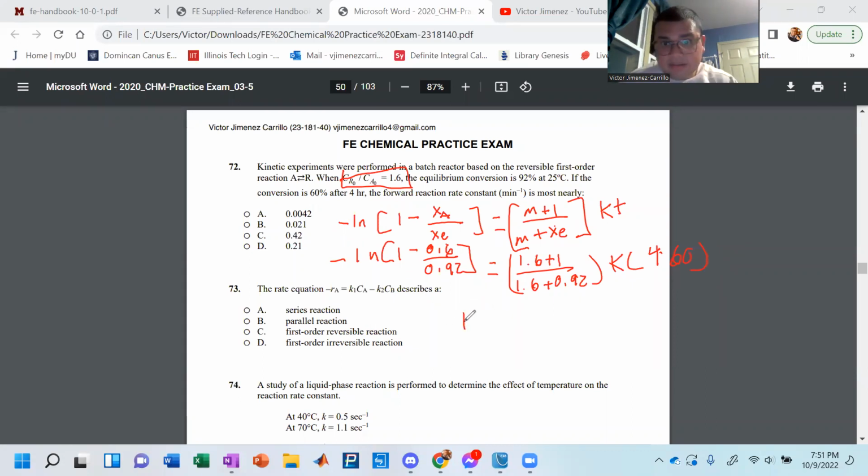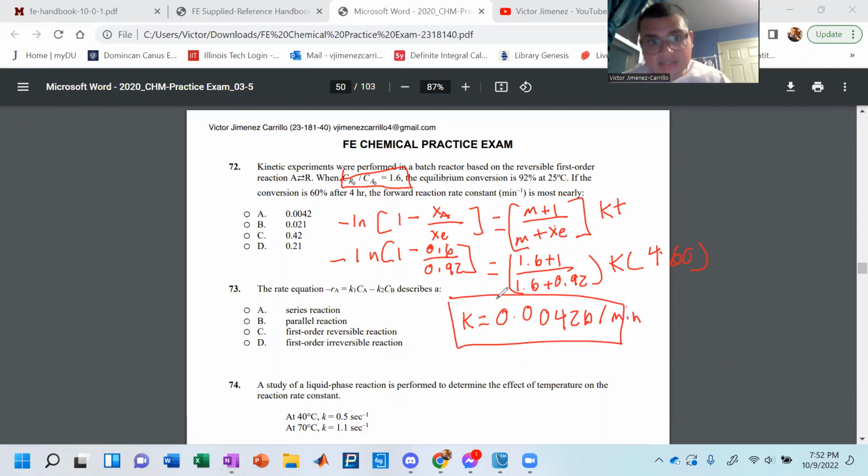Now solve for k, and it'll give it to you in per minutes, which is 0.00426. And the answer is A.